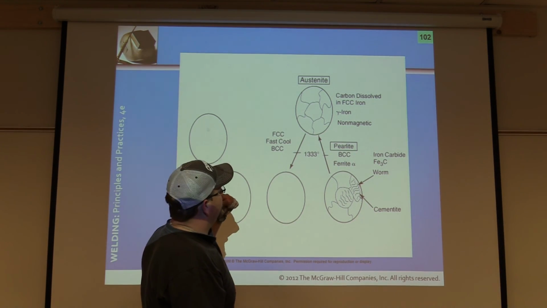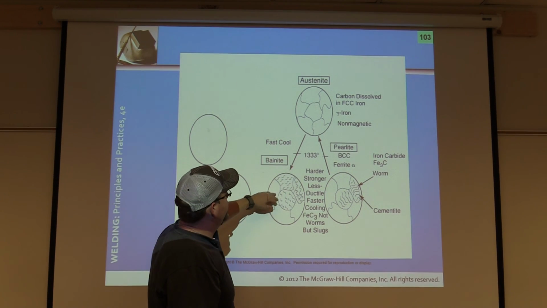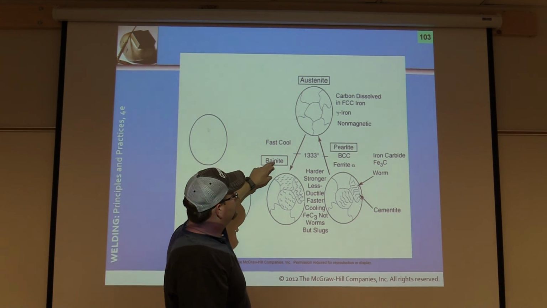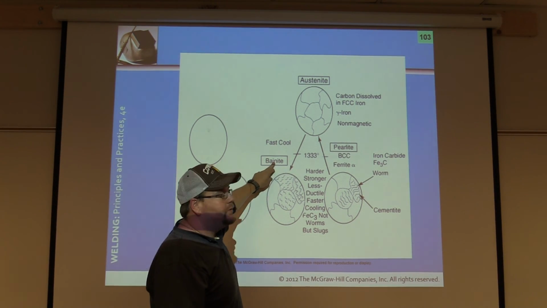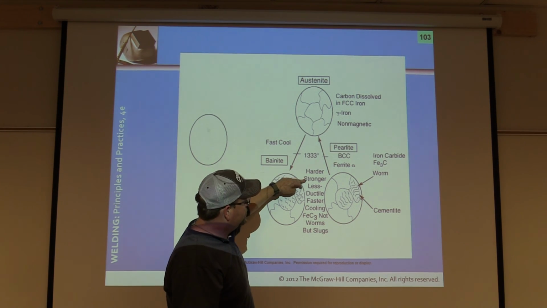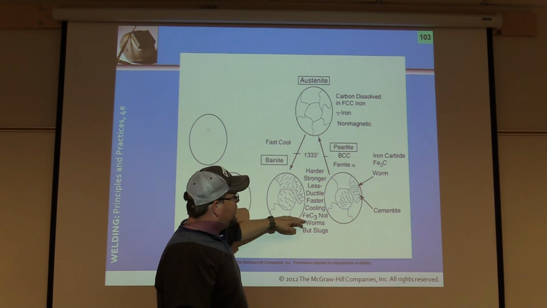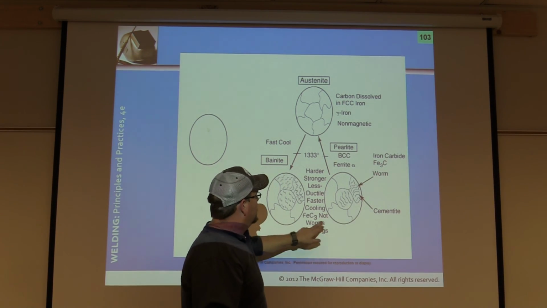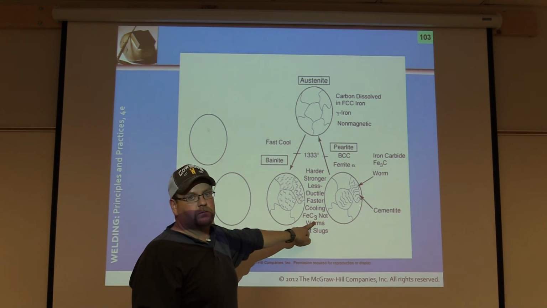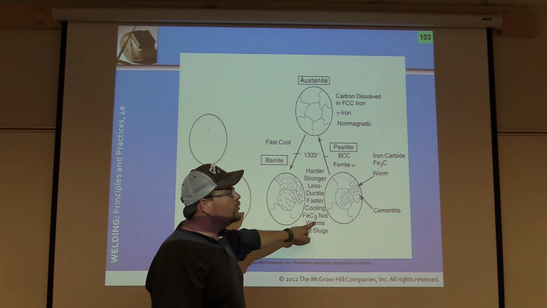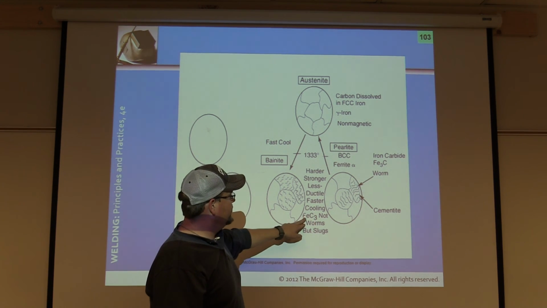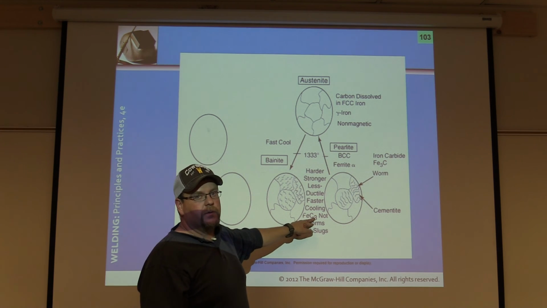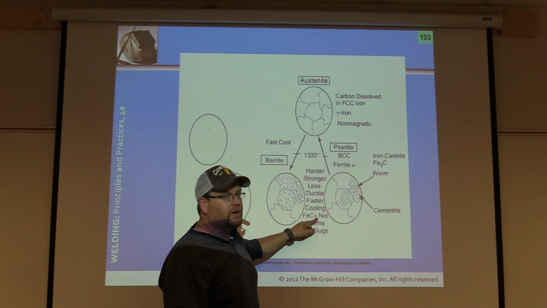If you cool it very fast, it turns into what we call bainite. Okay? Bainite is harder, stronger, but it's less ductile. You cool it faster. If you notice right here, what's the difference? We picked up more carbon. Okay? 2 more atoms of carbon. So we're ferrite, now we're carbon. We've lost iron, we've picked up carbon.